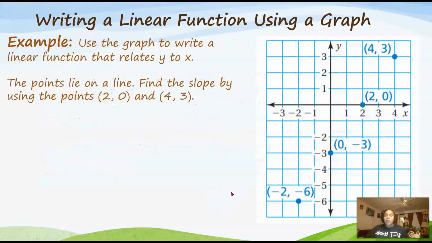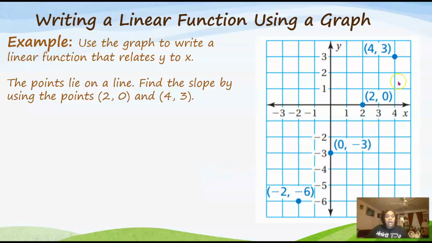Okay. Writing a linear function using a graph. Just a few quick notes, refresher for some, new to some. An example: use the graph to write a linear function that relates y to x.